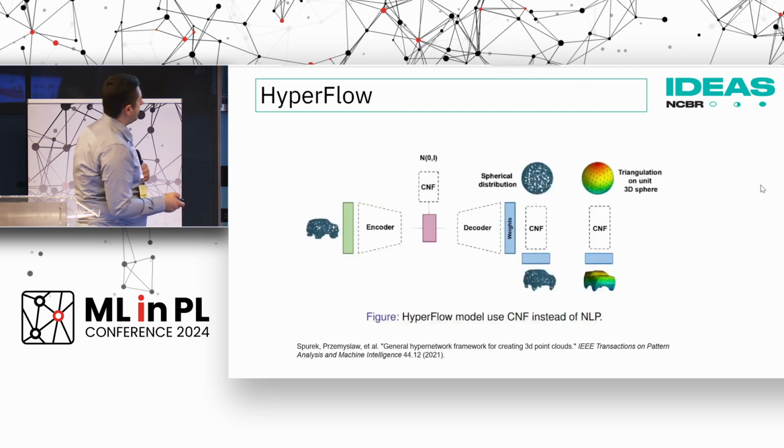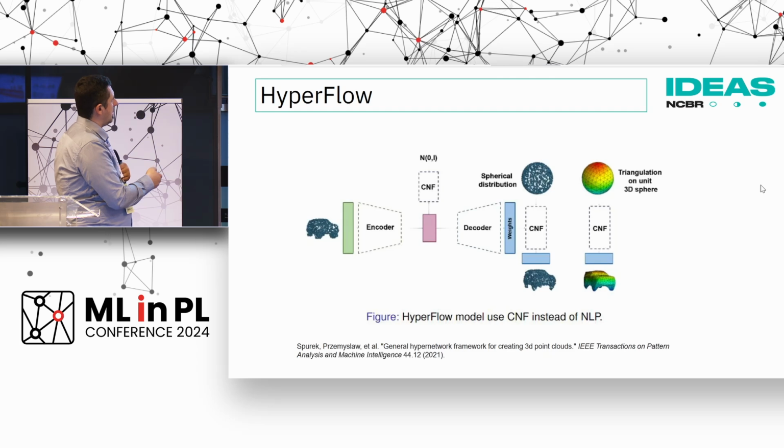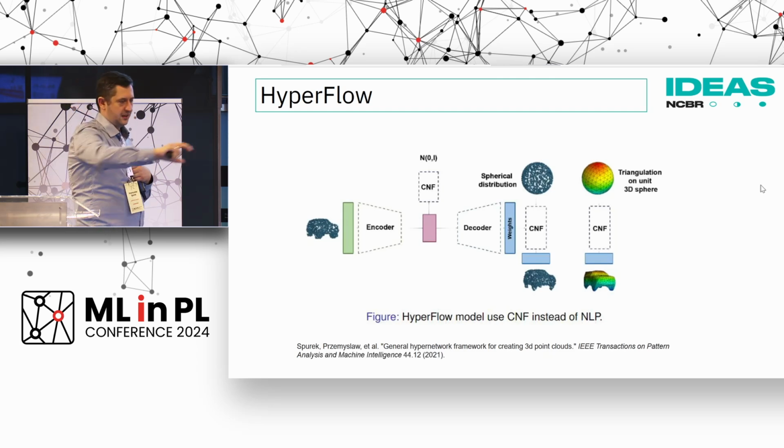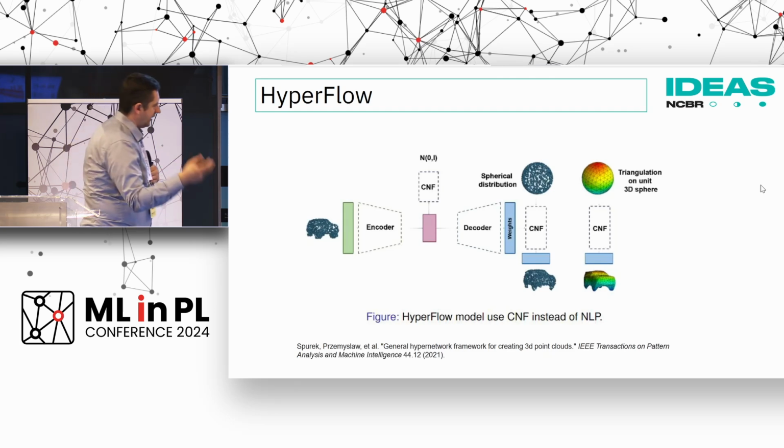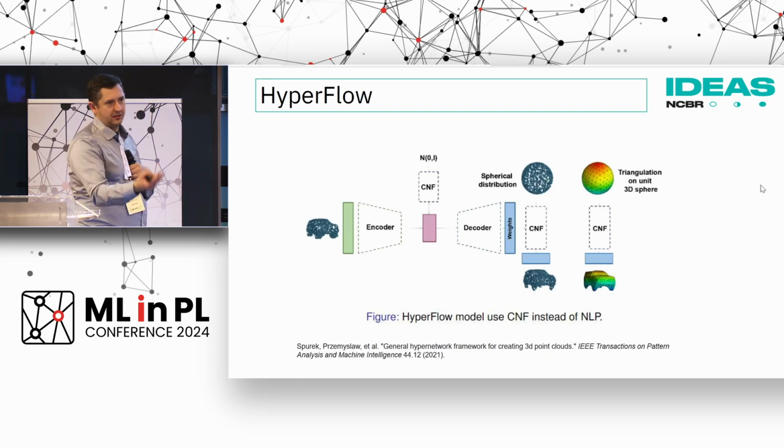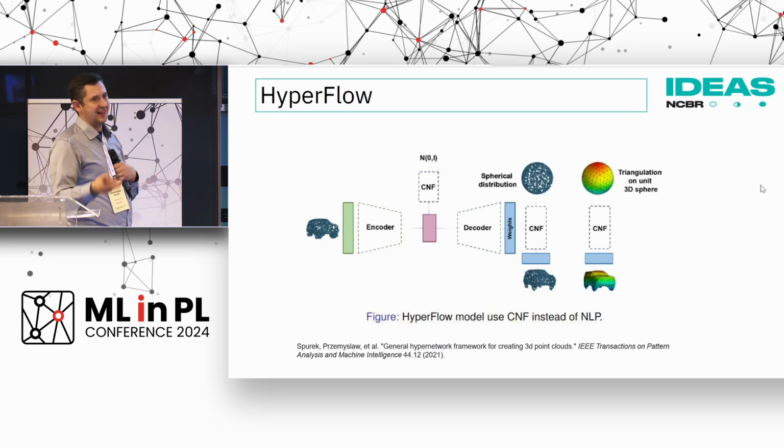So the idea is that all point clouds are empty inside, yeah? Because when you take the camera and produce some 3D reconstruction, you take the points only from the surface of the object. You don't have any points inside. Yeah. So your model should reflect these properties.